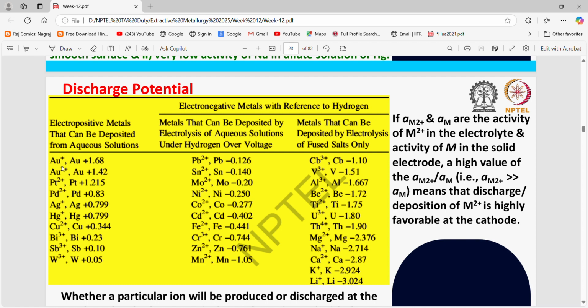Noble metals like gold, silver, platinum, palladium, mercury can be deposited from aqueous solution itself by applying very nominal voltage for the deposition.